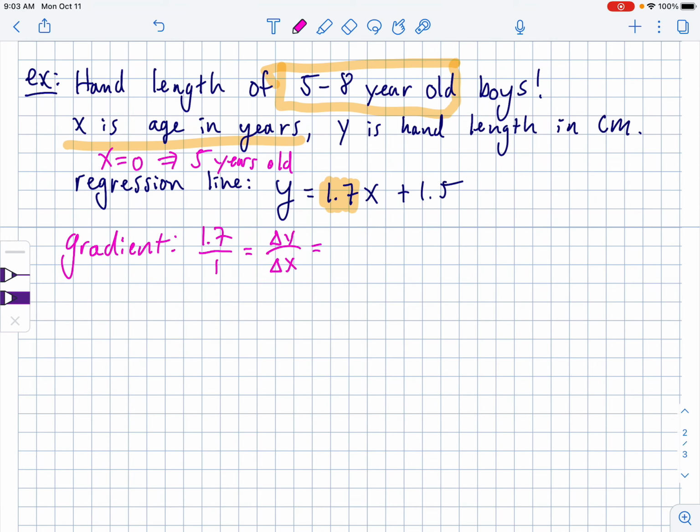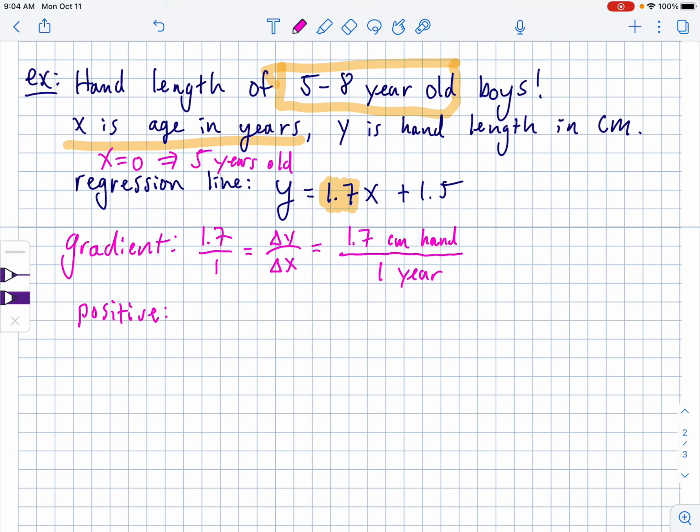Just think of 1.7 over 1. Now, remember that this is change in y over change in x. The y was the hand length, and the x is the age. So this is 1.7 centimeter hand length all over 1 year of age.